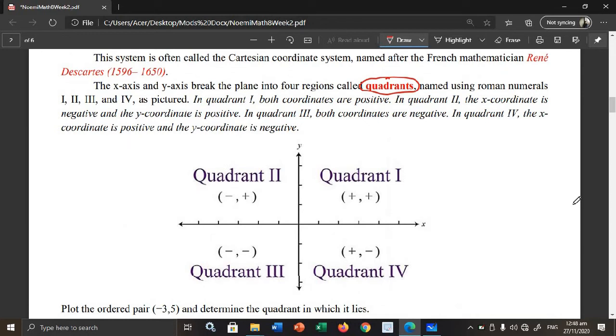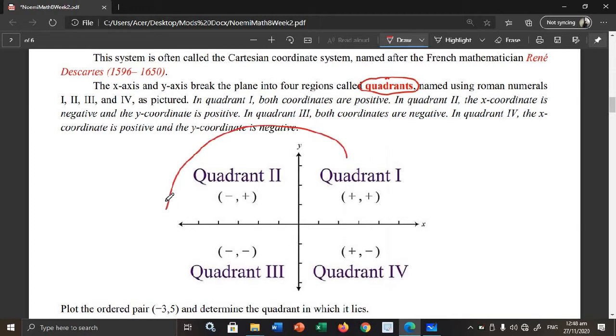So, each quadrant, there is a corresponding rule. Kapag sinabi kasi nating quadrant, we are talking about the signs of the numbers here. Sa quadrant 1, ang mga ordered pair na nakaplot sa quadrant 1 ay parehong positive. As you can see here sa quadrant 1. So, ang movement nito ay counterclockwise siyang ginawa.